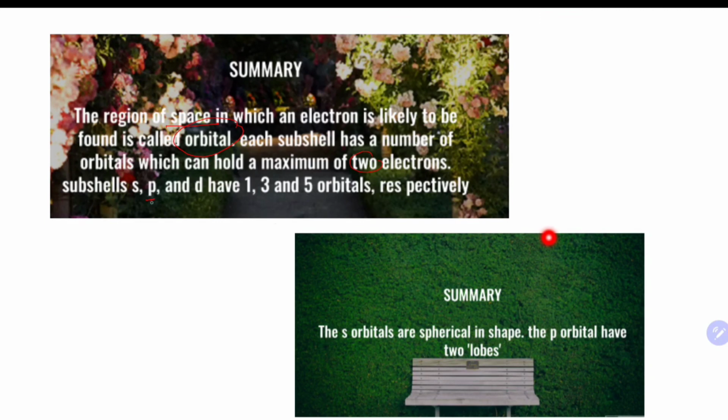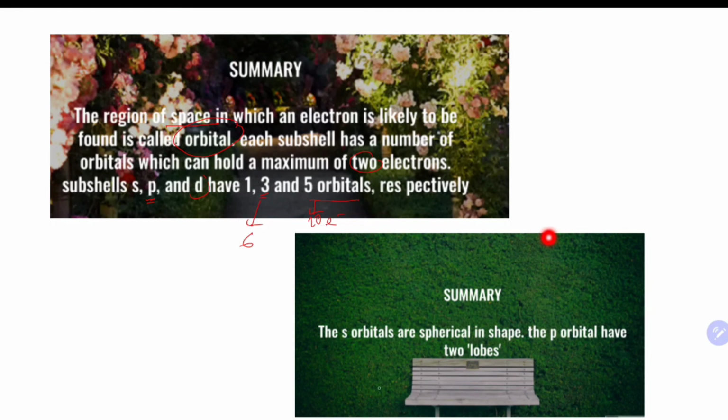P, with 3 orbitals, can be occupied by 6 electrons. D, with 5 orbitals, can be occupied by a maximum of 10 electrons.